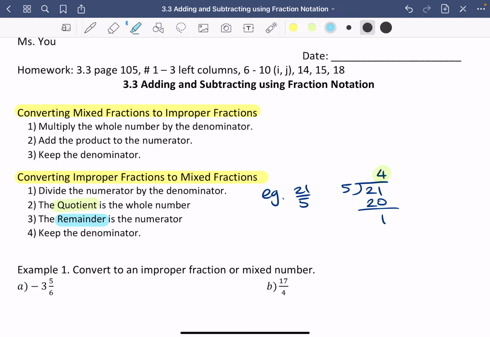The quotient is the whole number, so that will be 4. The denominator stays the same, the denominator is 5, and the remainder is the numerator, so that's 1. So the quotient is the whole number, the remainder is the numerator, and the denominator does not change.